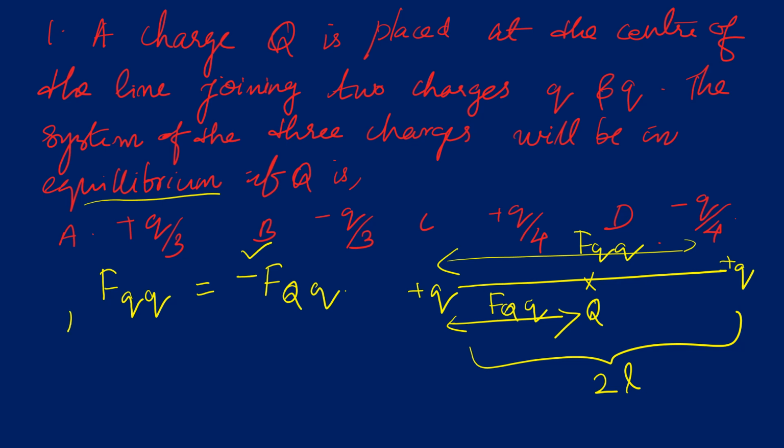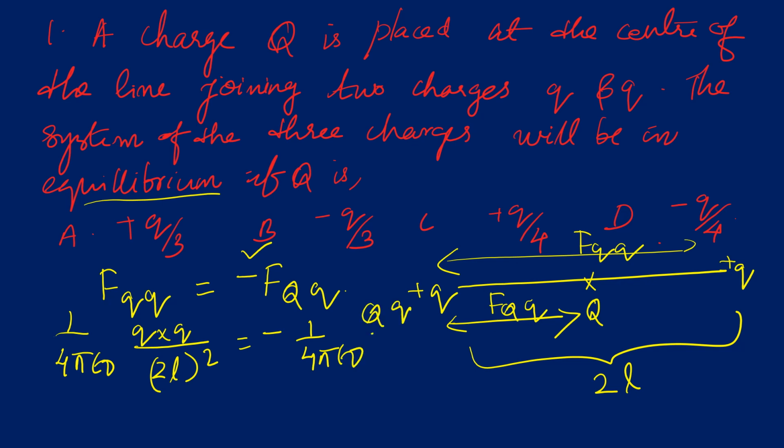So by Coulomb's law, we can write force equal to 1 by 4 pi epsilon 0 Q1 Q2 by R square. Here Q into Q by distance is 2L square equal to minus 1 by 4 pi epsilon 0 QQ by L square.